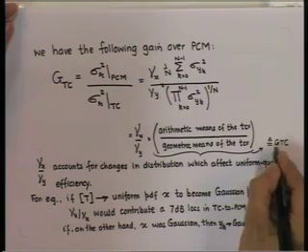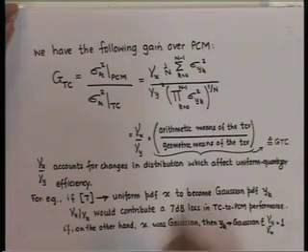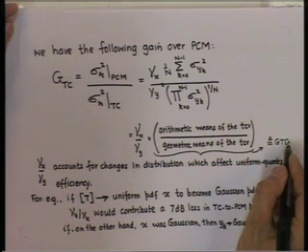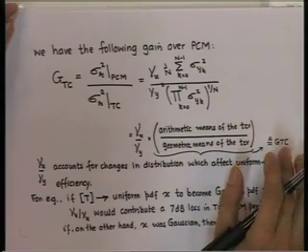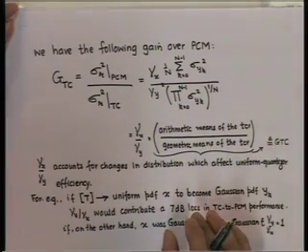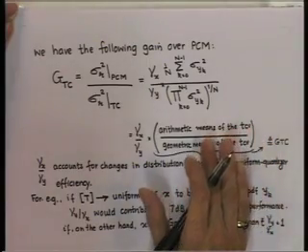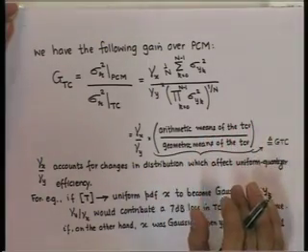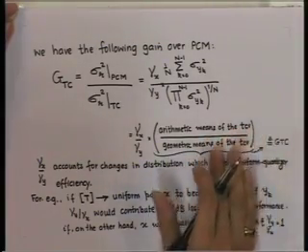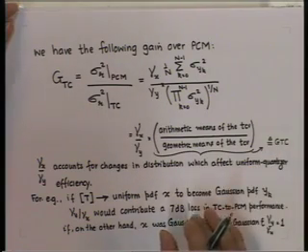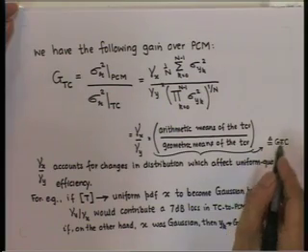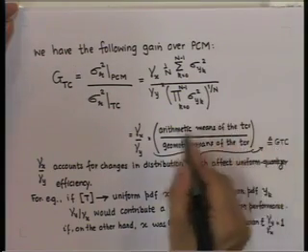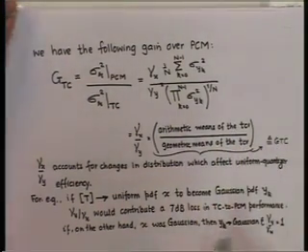This is transform coding gain, and this transform coding gain is a measure of the amount of energy compaction afforded by a particular transform, and the efficiency of a transform depends on how much energy compaction is provided by the transform. So, indirectly GTC provides a measure of the efficiency of a transform.